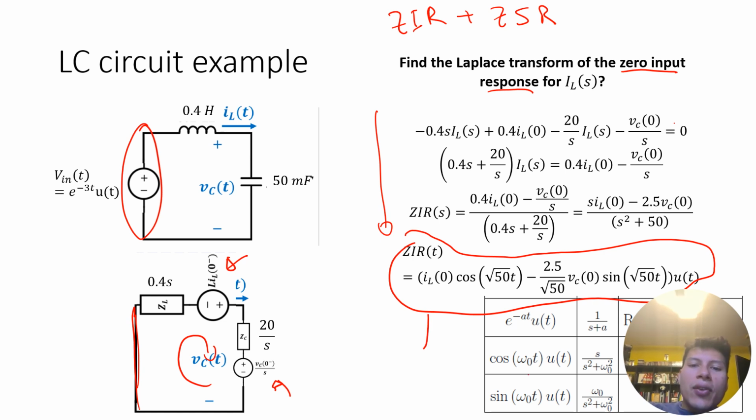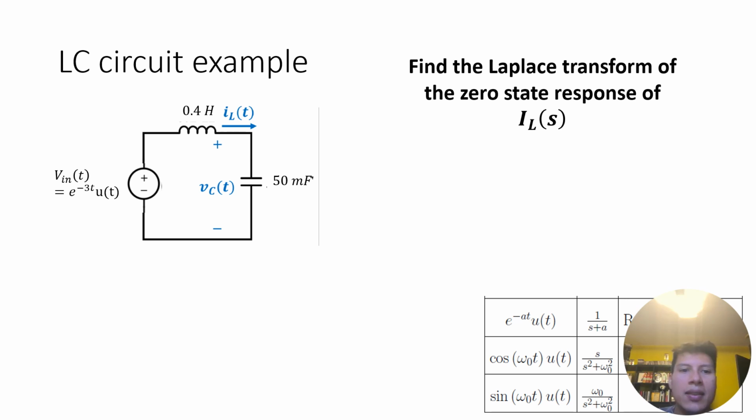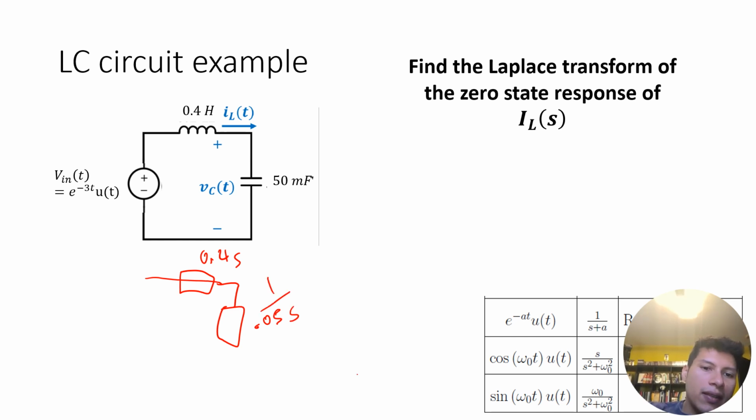So once we have the zero input response, we can actually then solve for the zero state response by simply assuming zero initial conditions. So that's what we're going to do next. So for the zero state response, we would actually replace this circuit with an impedance 0.4 S, and then 1 over 0.05 S. And then this would be replaced by 1 over S plus 3.